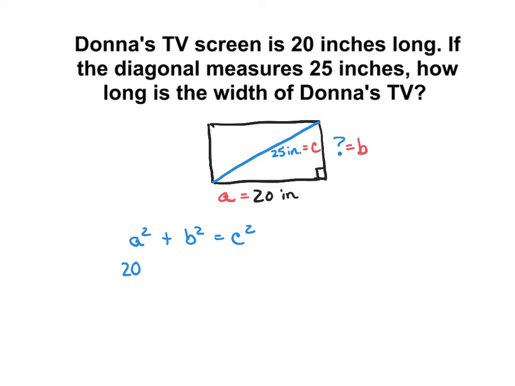A squared is 20 squared. We do not know B, and our C is 25 squared. 20 to the second power is 400 plus B squared equals 625. In order to get the B squared by itself, would we add or subtract 400 from both sides of the equation?